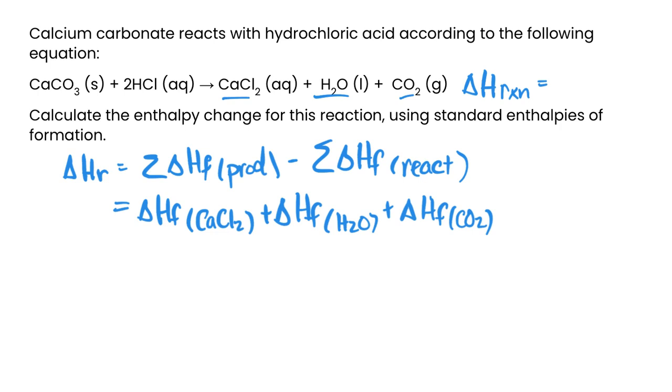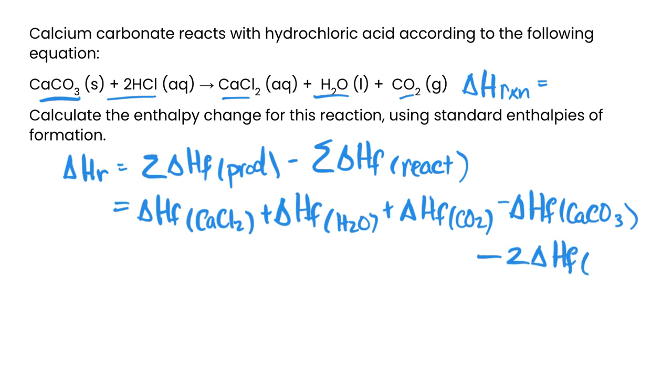And then we're going to subtract the two reactants. We're going to subtract the delta H of formation of calcium carbonate. And then we're also going to subtract the delta H of formation of HCl and multiply that one by 2 because there is a coefficient of 2 there.